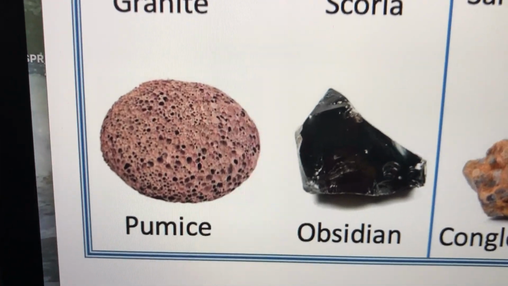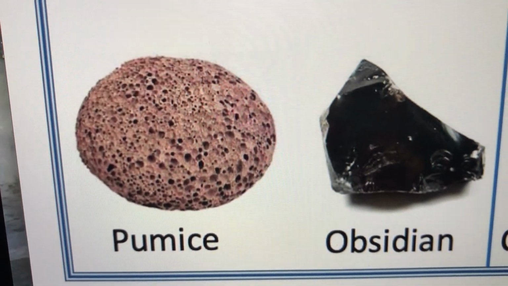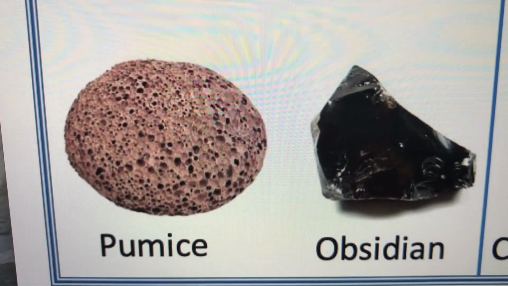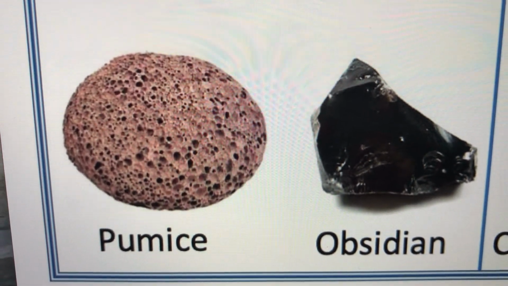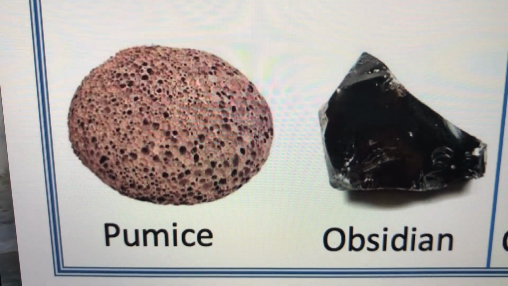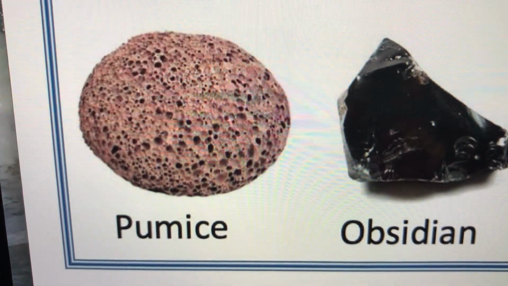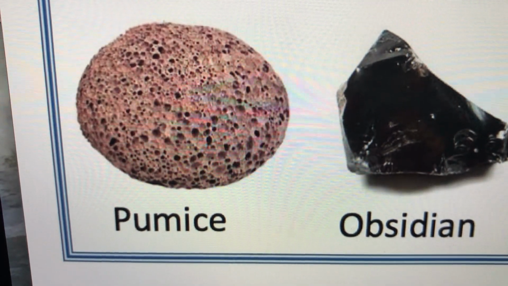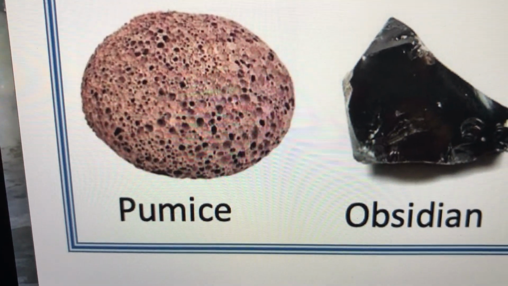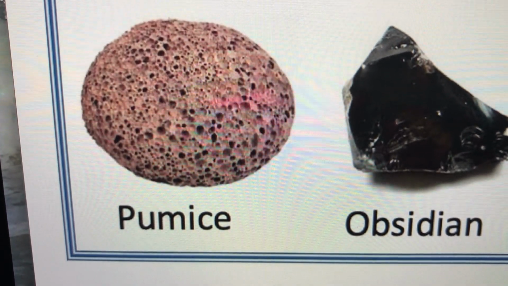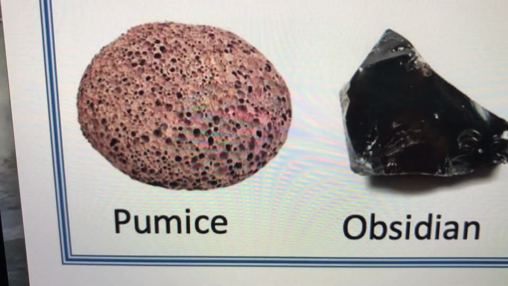Pumice is something that has holes in it. Those aren't black dots, but they're holes, like a sponge would, except that this is a rock, so it's all hard. Sometimes pumice will be used to scrape dead skin off of feet, or if we have rough elbows or knees or any kind of rough skin, they sell a pumice stone so that you can rub all your hard spots on your elbows or feet.